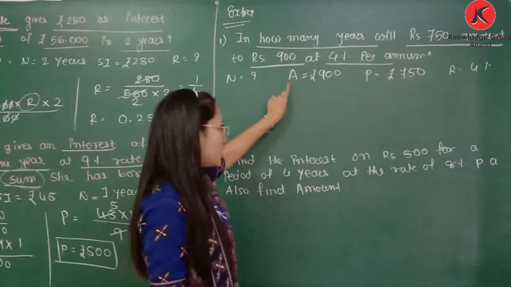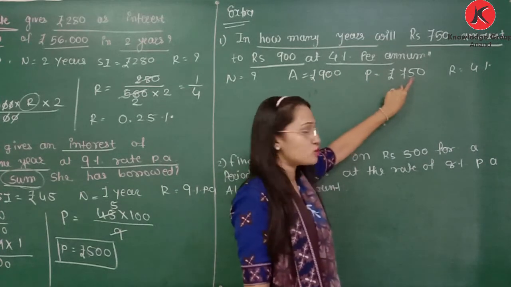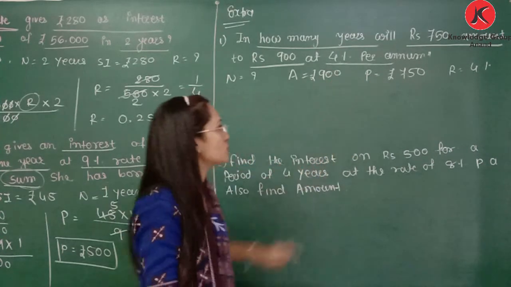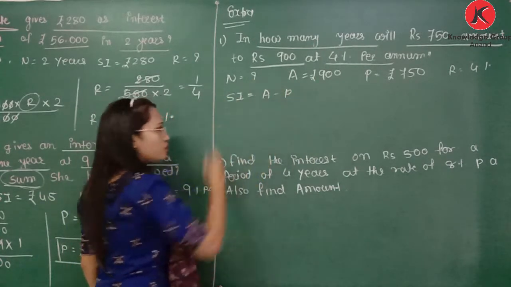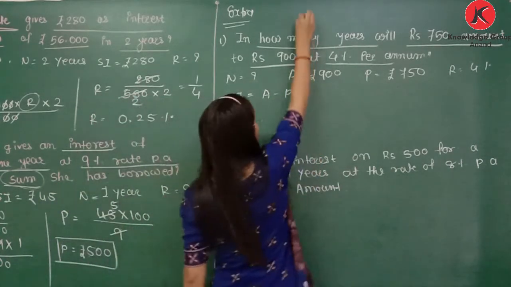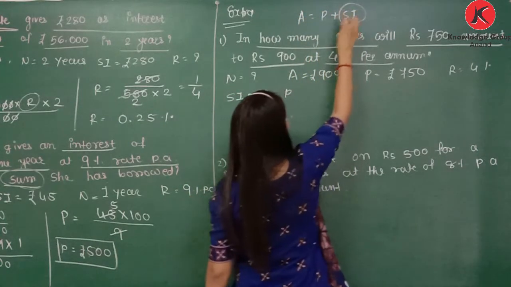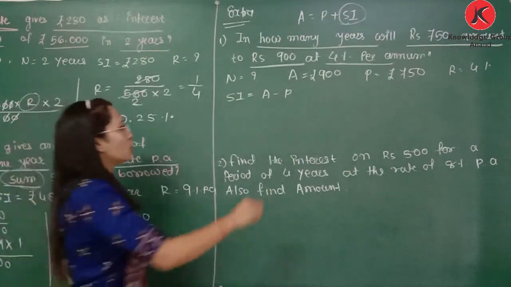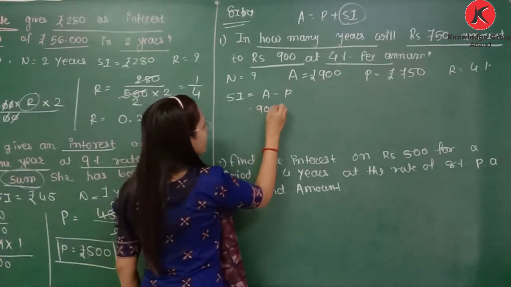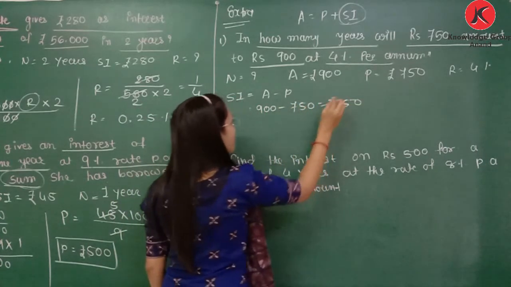Now here you can see amount is given, 900, and principal value is given, 750. So we can find the simple interest. So simple interest will be amount minus P, because what is the equation of amount? That is P plus SI, and if we want to find the SI, then take P to the other side, so it is A minus P. So 900 minus 750, so that is 150 rupees simple interest.